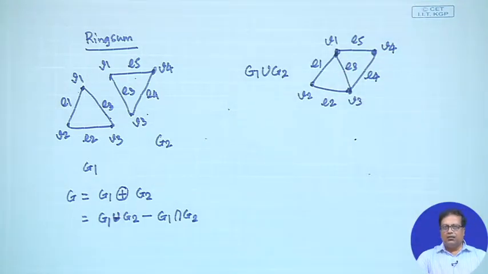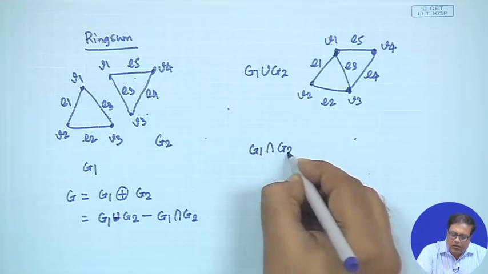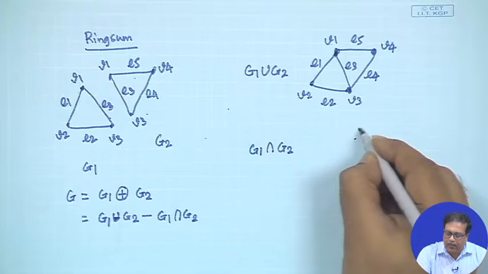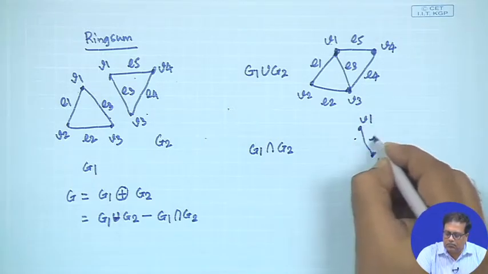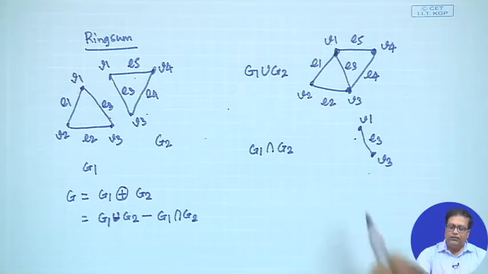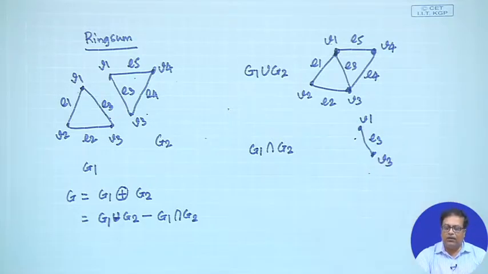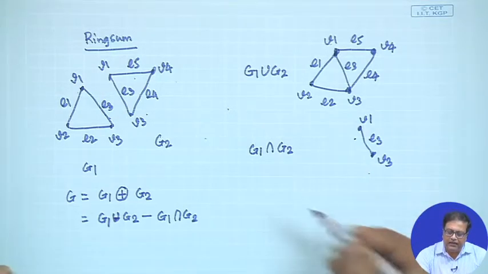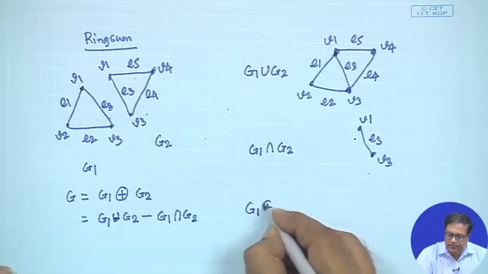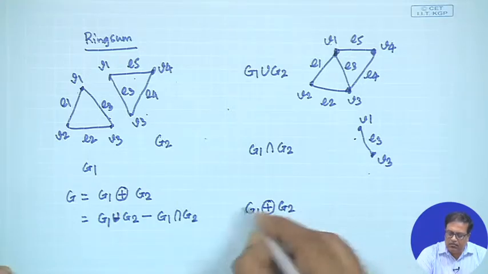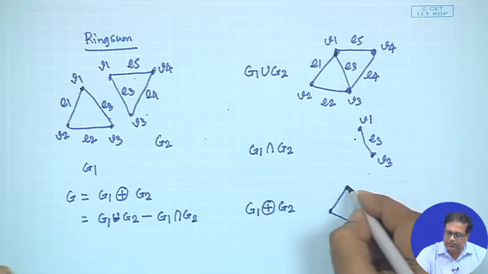And what is the intersection? The intersection is only this much. If you take out from the union the intersection portion, then what will remain is the ring sum. So, G1 intersection G2 would be nothing but this one.